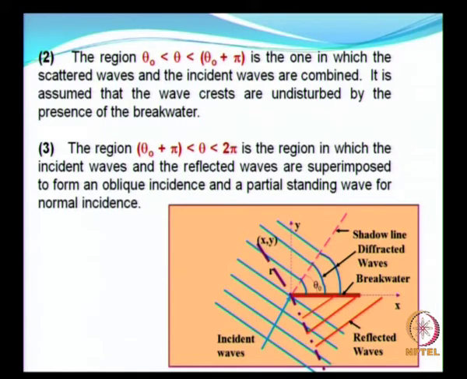So you see that there is a kind of complex phenomena that would be taking place when you have a structure in the coastal area, in which case the water depth is normally not constant. So when the different conditions arise now.